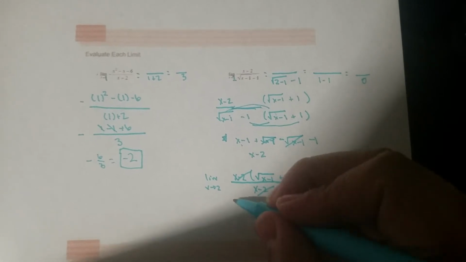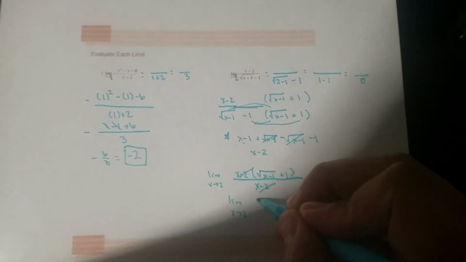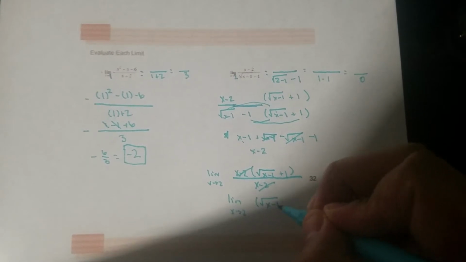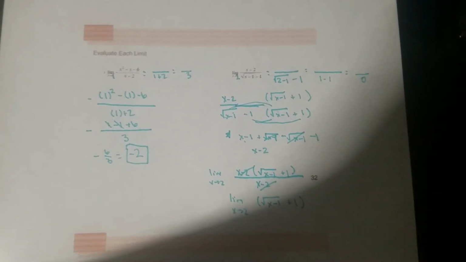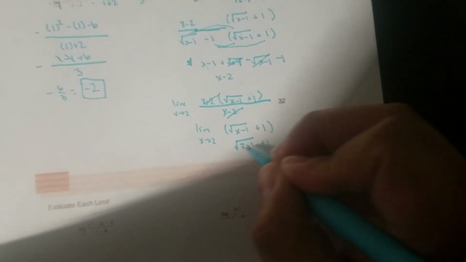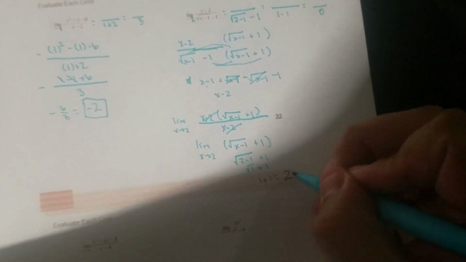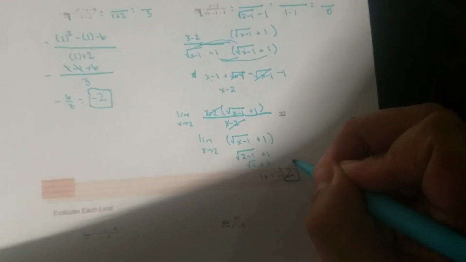I see that these cancel. So now what I'm going to do is plug in the 2 again. So 2 minus 1 plus 1. So 2 minus 1 is square root of 1. Square root of 1 is just 1, which equals 2. Okay.